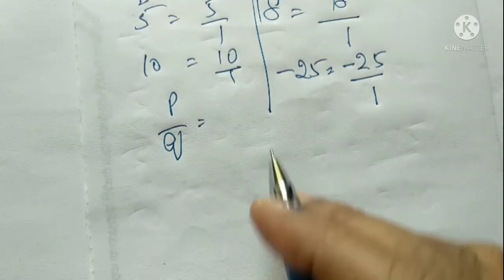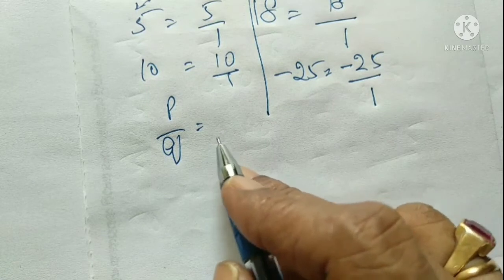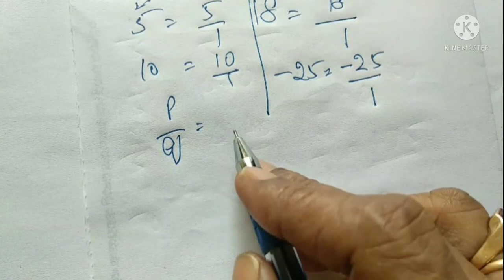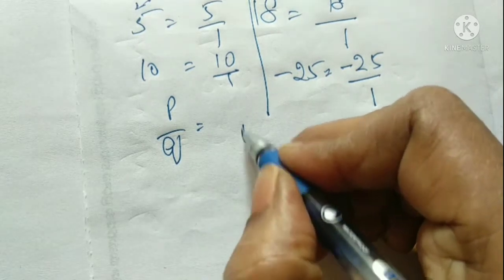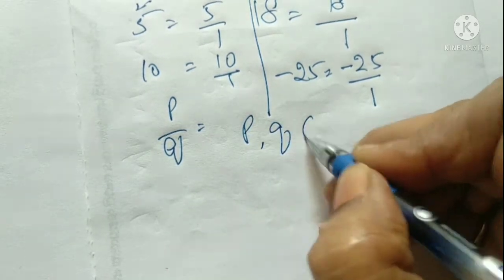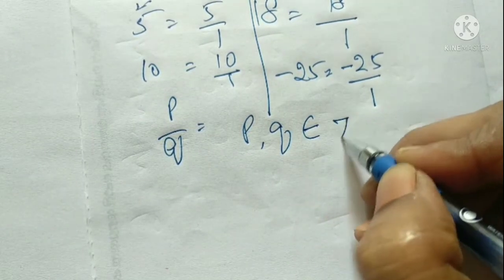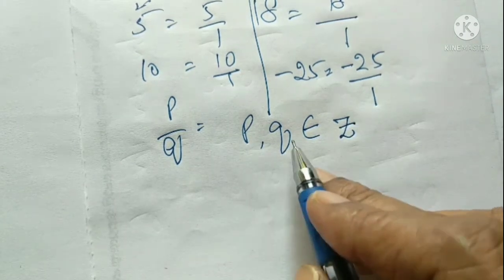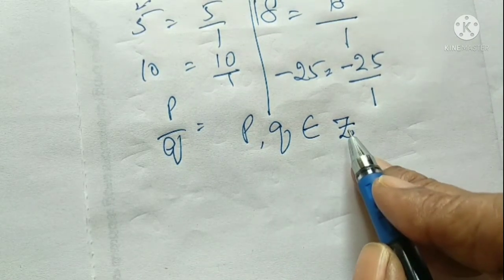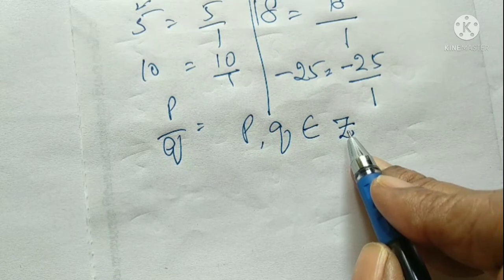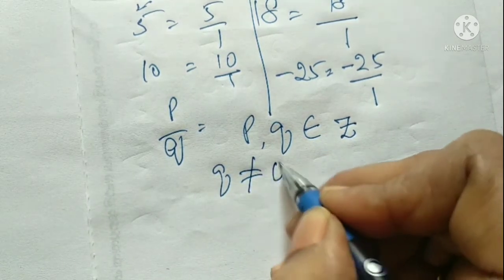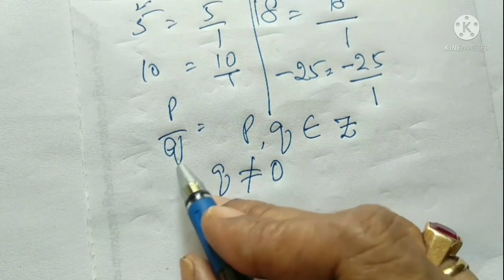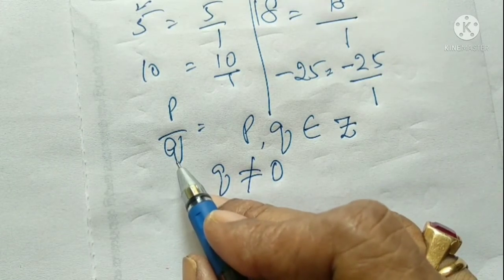Now let us see actually what are the rational numbers. A rational number can be written in the form of p by q, where p and q are integers, and q is not equal to 0. Q is the denominator.